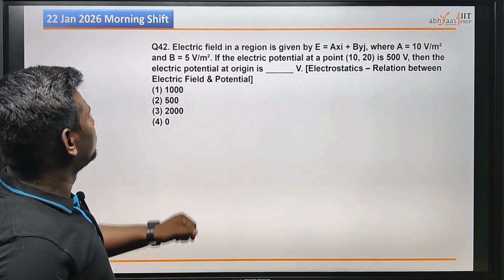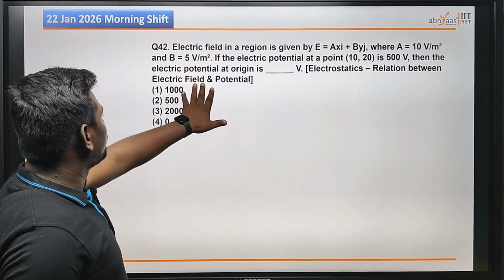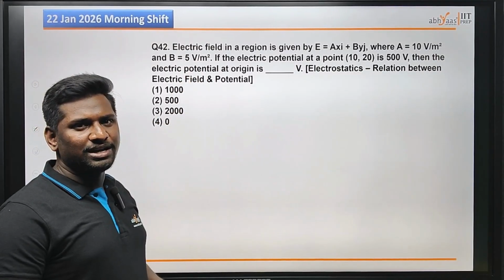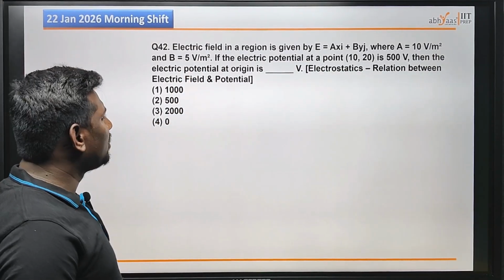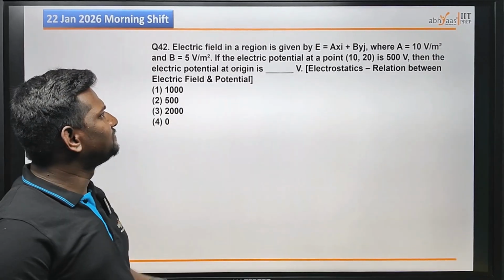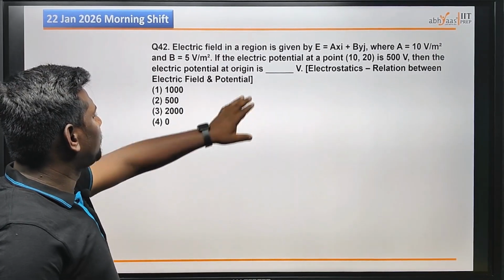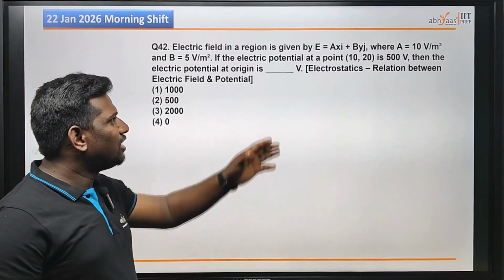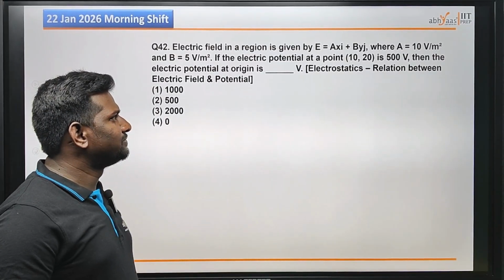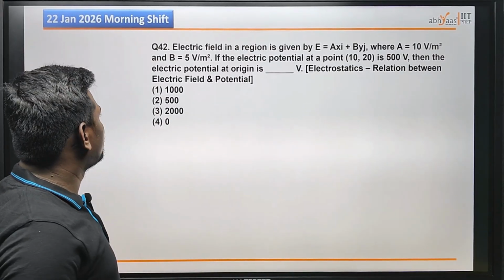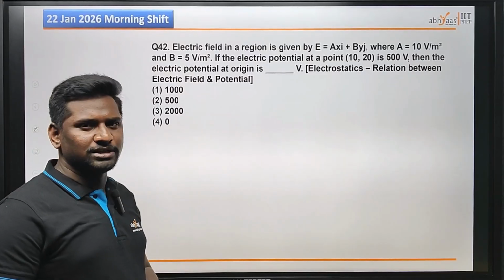What they are asking is the relation between electric potential and electric field. They have given the electric field, and they are asking: electric potential at point (10, 20) is 500, then what is the electric potential at the origin?